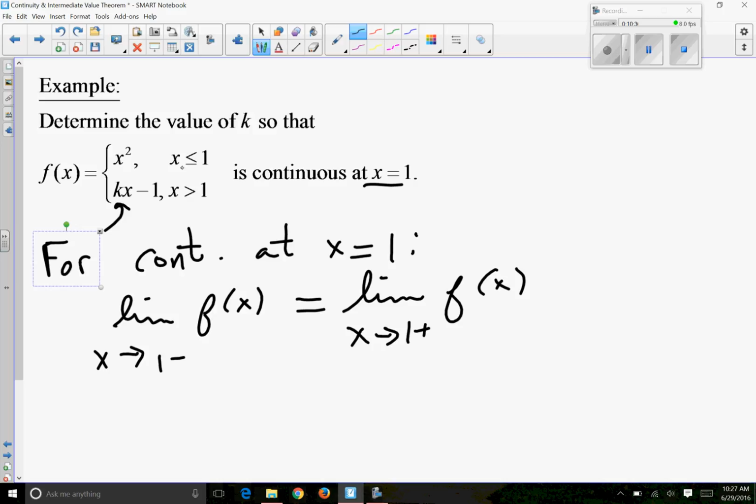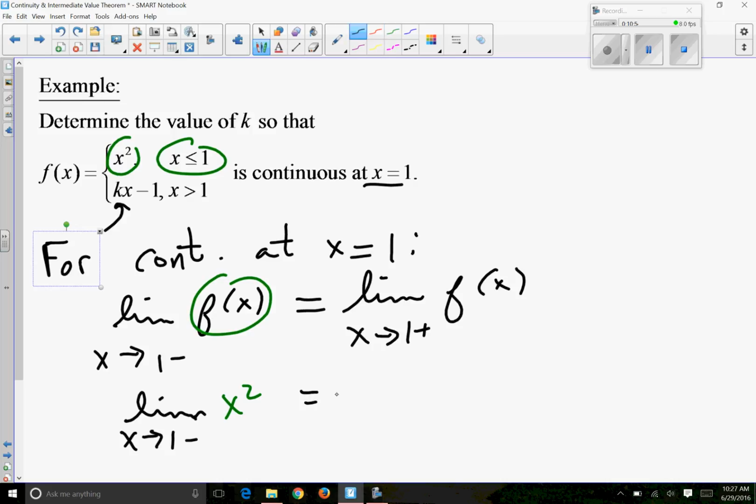On the left side of 1, f of x is x squared. On the right side of 1, f of x is kx minus 1.